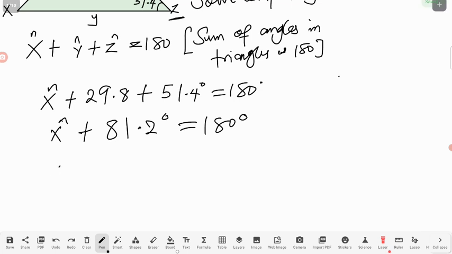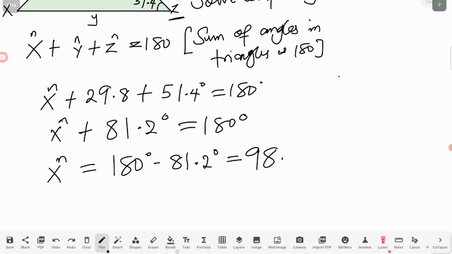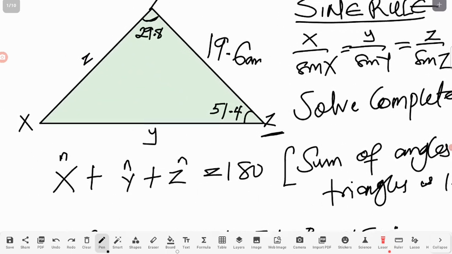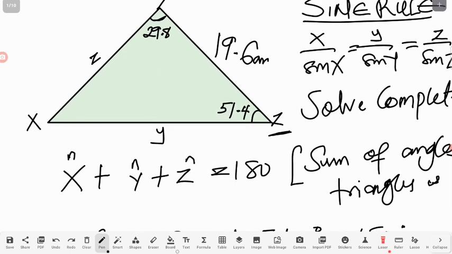So let's make x the subject of the formula, which gives 180 degrees minus 81.2 degrees. So the angle x is 98.8 degrees. Let's come down and write the value of angle x, which is 98.8 degrees.